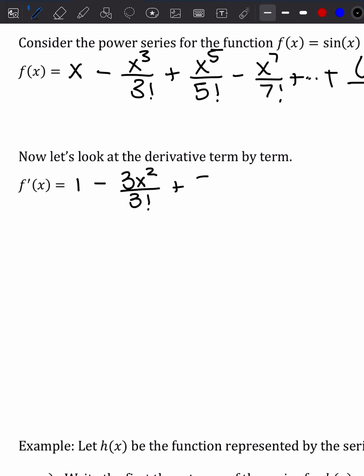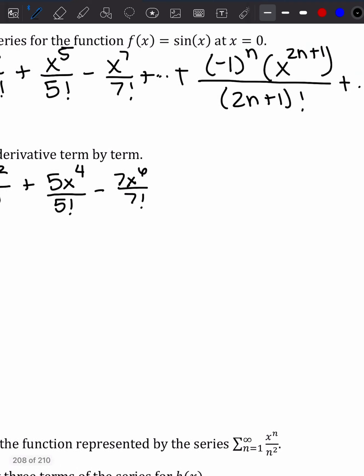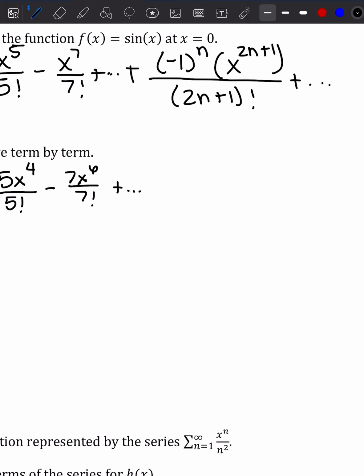Derivative of x to the 5th, we get 5x to the 4th over 5 factorial. Minus 7x to the 6th over 7 factorial. And that continues on until the general term.